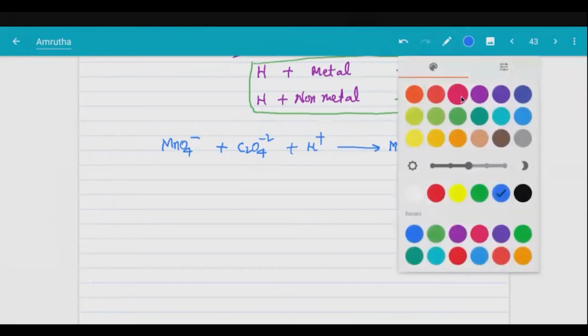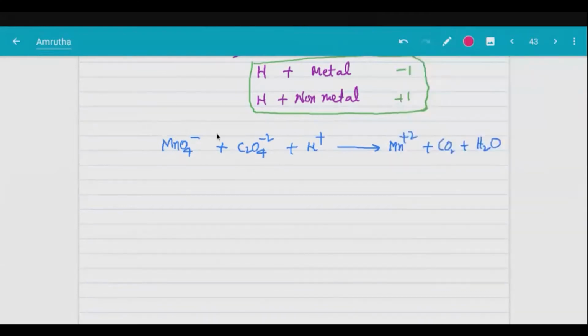Help me now, which is oxidation? Mn oxidation number, I'm taking X. X plus oxygen is -2. I'm just doing simple maths because the charge given is -1. So the sum of charges of these elements must be equal to -1. So X plus -2 into 4 is equal to -1. So X is equal to how much? +7.